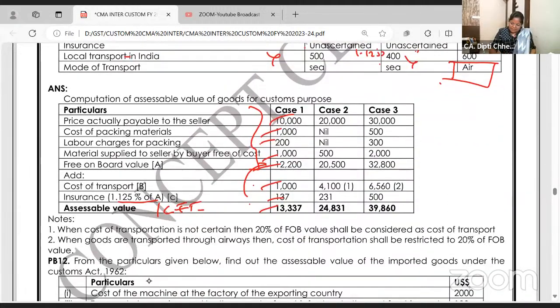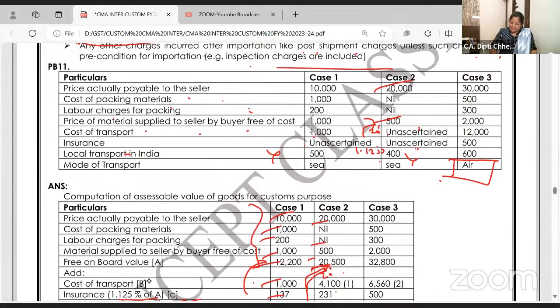These rates are fixed, beta. FOB 20,500, material supplied is part of it. 20% of this, and 1.125% of this.